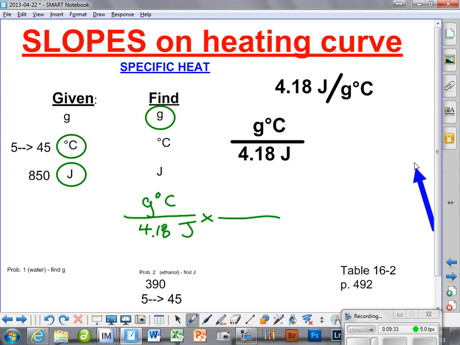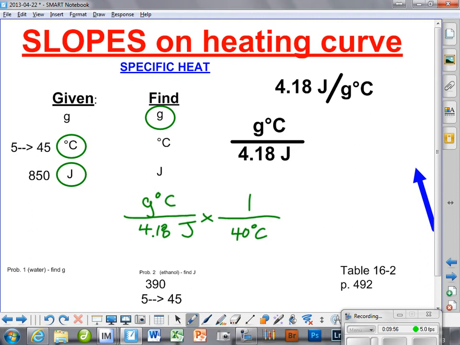Good. So 40 degrees centigrade on the bottom? Yeah. And what's on top? 1. Okay, it's just like we were putting this guy on the top, we'd have 1 on the bottom. When we put him on the bottom, we put 1 on the top.